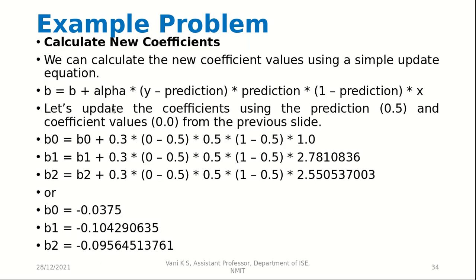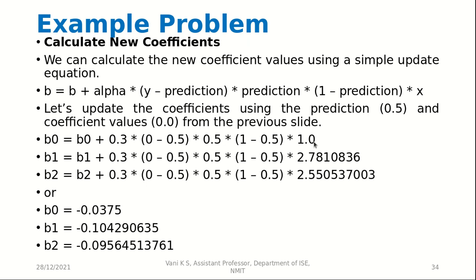Now how do we manipulate the weights here? We manipulate by using the formula b is equal to b plus alpha into y minus prediction into 1 minus prediction into x. Alpha is nothing but the learning rate. In this case, we have taken the learning rate to be 0.3. So b0 is equal to previous b0 plus 0.3 into 0 minus 0.5 into 0.5 into 1 minus 0.5 into x0. Since x0 was not there, we take 1.